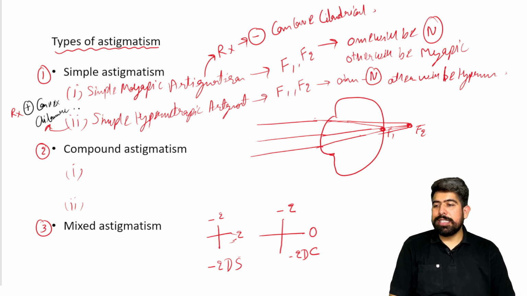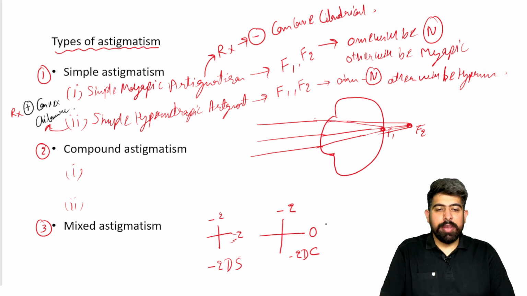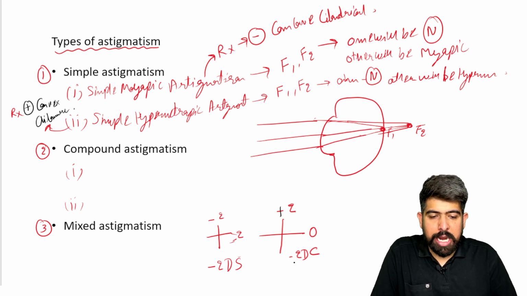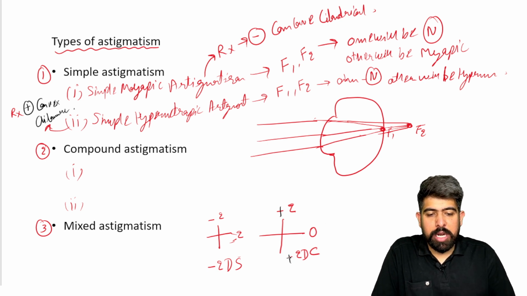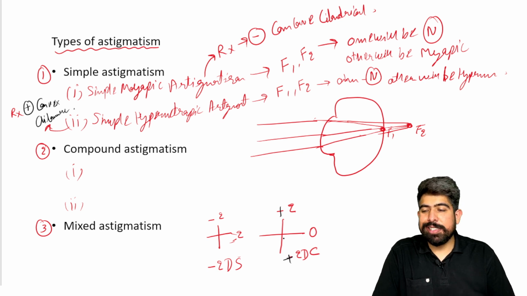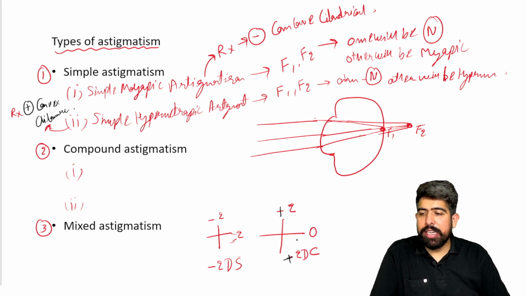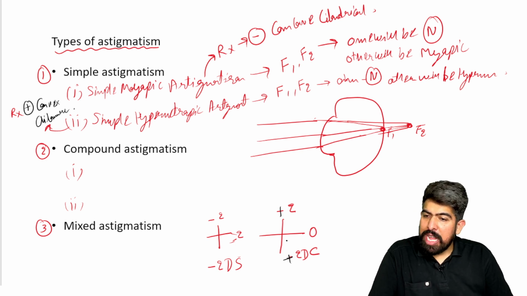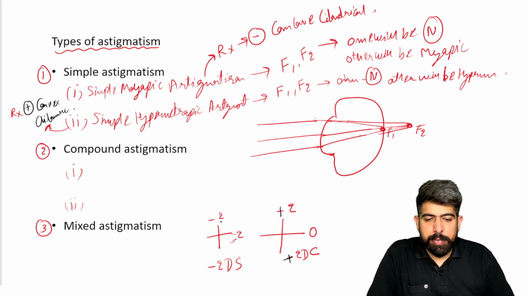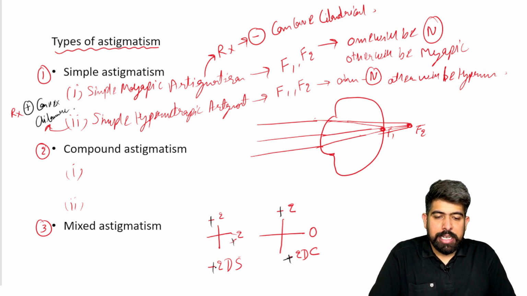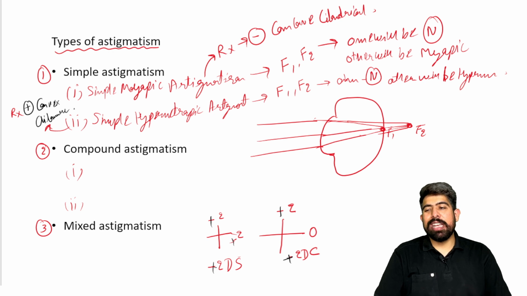As I already told you, I'm giving an example here, like plus 2 diopter cylindrical. You can see only one axis has the power. We can set it on the horizontal or the vertical, as we need. I will tell you how we get this. And this is your spherical, plus 2 diopter spherical. You can see both axes have plus 2.